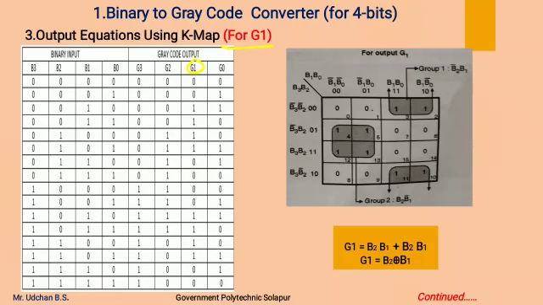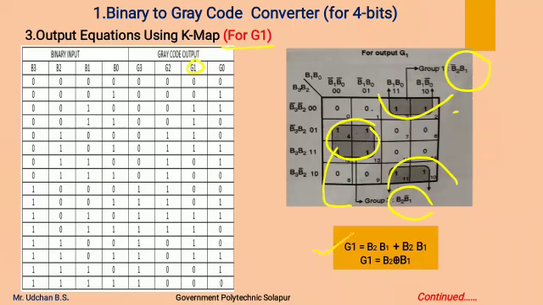After making the entries, again we are going to find out the octet, quad or pair. Here no octet is possible, 2 pairs are possible, this one and this is the second pair. So for this pair we get the term B3 B2 bar, and for this pair we get the term B2 bar B1.